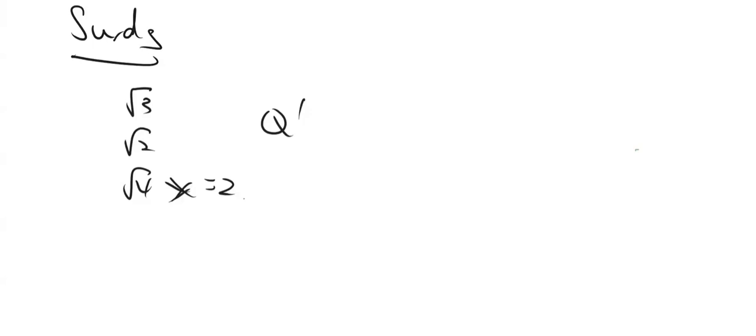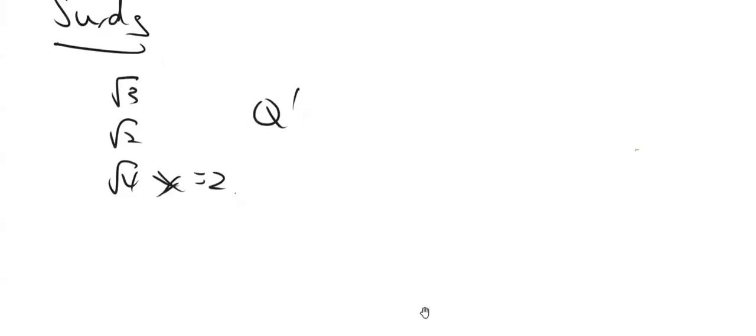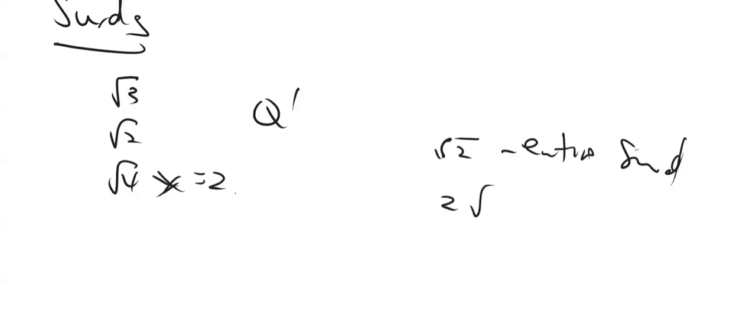Good. And then just to introduce some things you might hear about surds, you'll hear about what we call an entire surd. What's an entire surd? Root 2, you call it an entire surd. And 2√2, you call it a mixed surd.